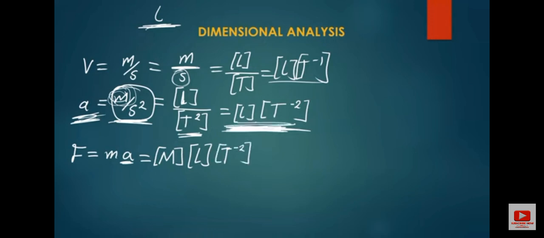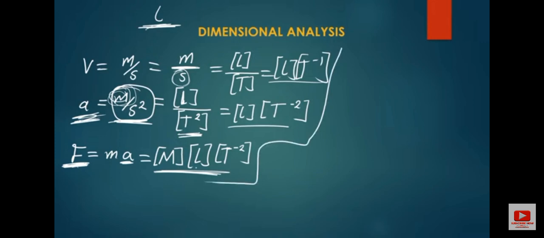So I've just written what is here. So if this is what you have as the dimension, yeah, so this is actually the dimensions for what? For force. So now, how do you find the dimensions for force using its units? How do you find that? So it's very simple.